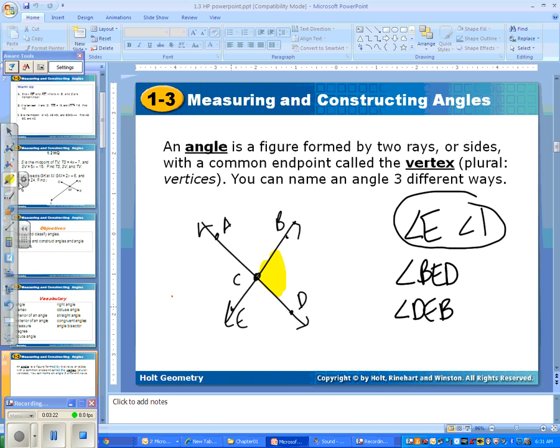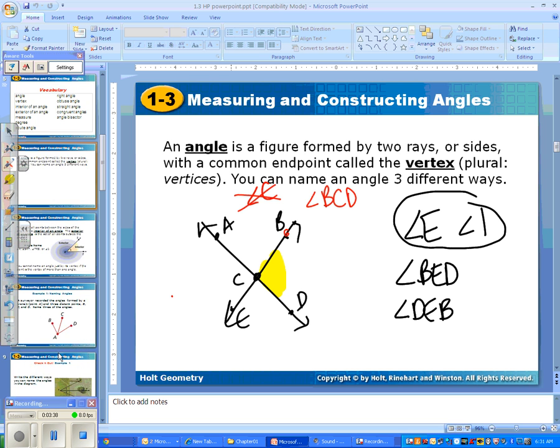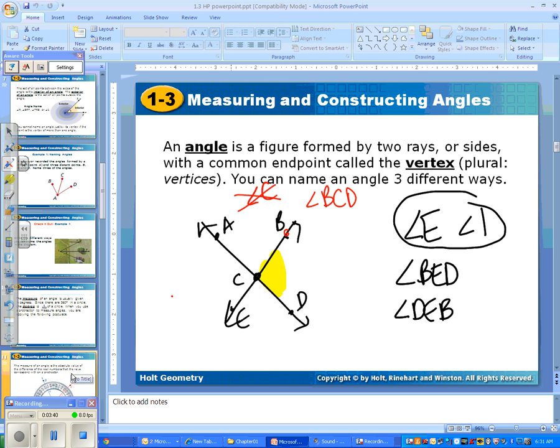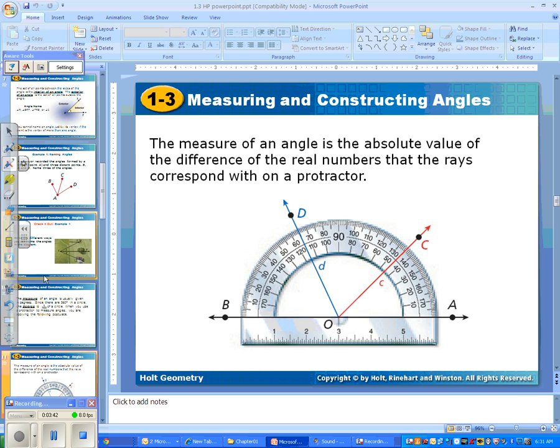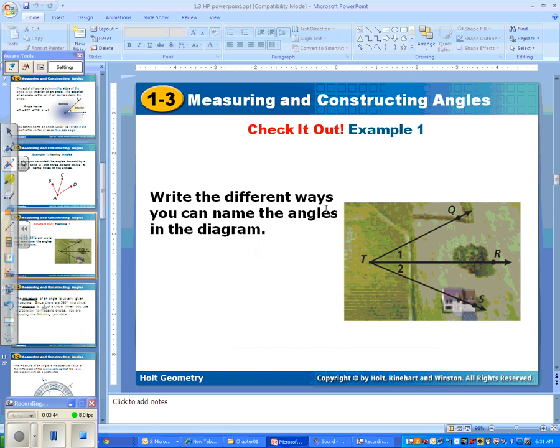Okay, you could not just say angle C. Angle C does not tell me which part you want to talk about, so that is not an okay way. Rather, a better way to do it would be angle BCD. There's one other way you can name this angle. Go ahead and see if you can figure out what that is. Okay, moving on. Again, we're going to be talking about how to measure angles later. Let's go ahead and call this number 1 in your notes. Number 1.